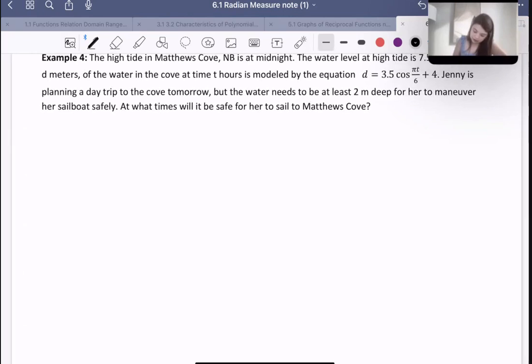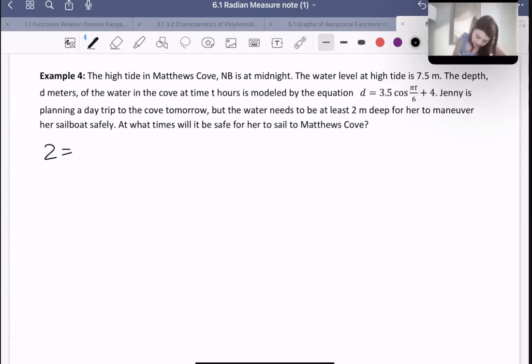Okay, so to do that, let's plug in 2 for D, because the sailboat must be exactly 2 meters deep or higher. It needs to be at least 2 meters deep to be safe. So 2 equals 3.5 cosine pi t over 6 plus 4, and then let's solve.